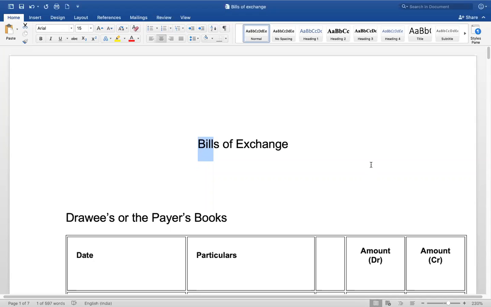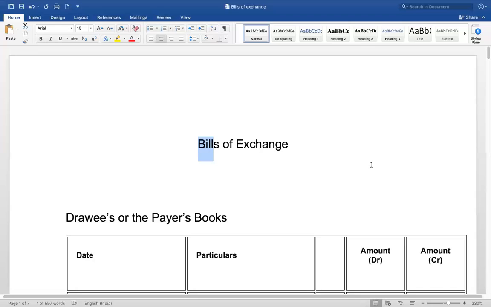But in some cases, if the drawer draws the bill and gives it to somebody to take the payment on his behalf, that is called endorsing. He puts a signature and gives it to the third party. That third party collects on the due date of the bill. Giving it like that is known as endorsing.